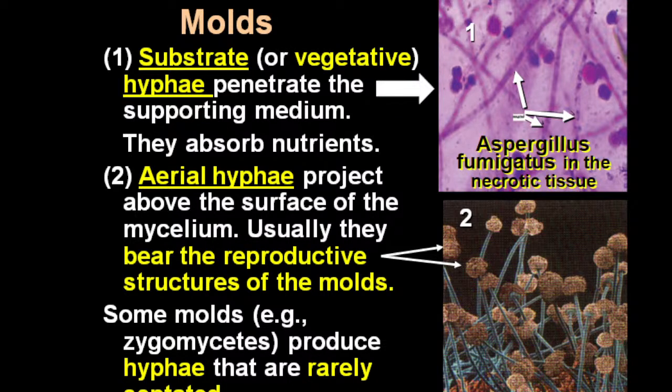If we take a look at the colony of the mold, we may see two types of mycelium. The first type of mycelium is the substrate or vegetative mycelium or hyphae. What is it? These are the hyphae that penetrate the supporting medium it is fixed on, and through these vegetative or substrate hyphae, fungi absorb the nutrients.